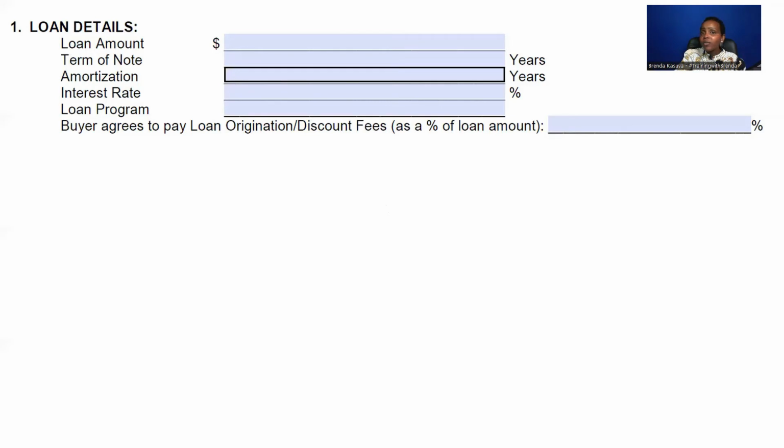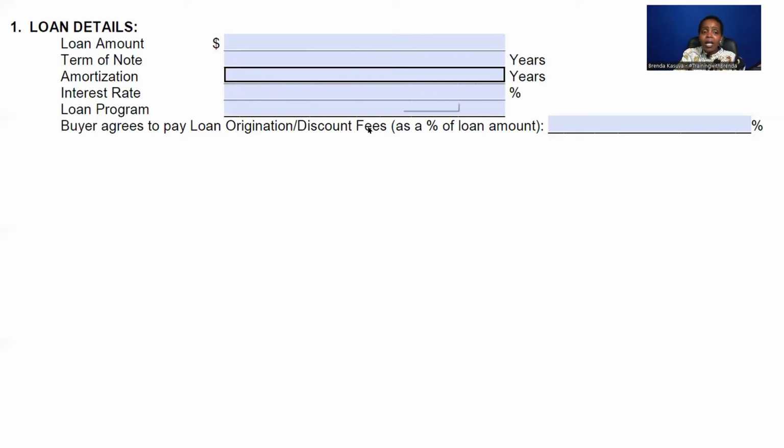Keeping in mind, whatever number you put in here as the interest rate, yes, it will change. But the agreement itself talks about if the interest rates go up, buyer, you're still going to be responsible, unless it truly breaks it apart to where the buyer is not able to afford it anymore, then that's a different story. So don't be so stuck on what if I put an interest rate here and it changes tomorrow? Yes, it will, because rates change on a daily basis.